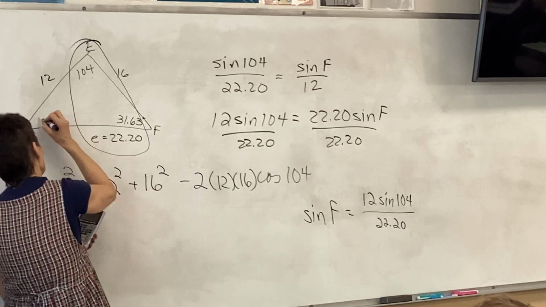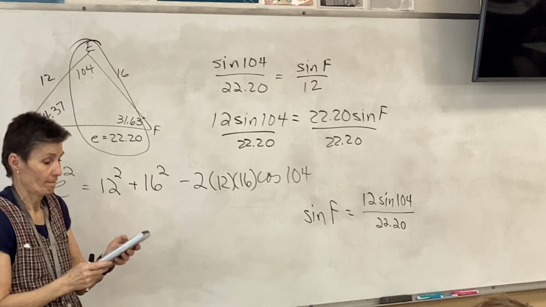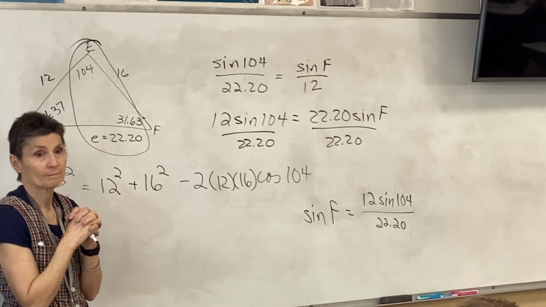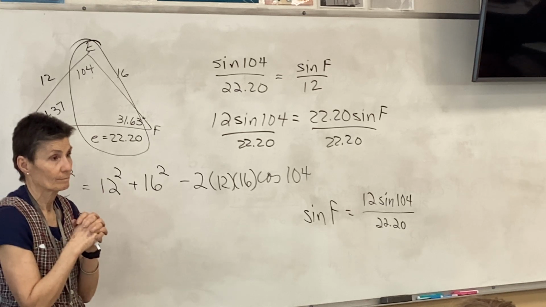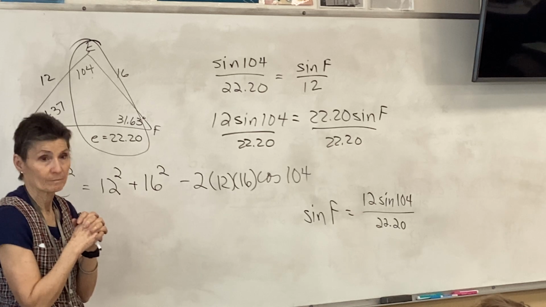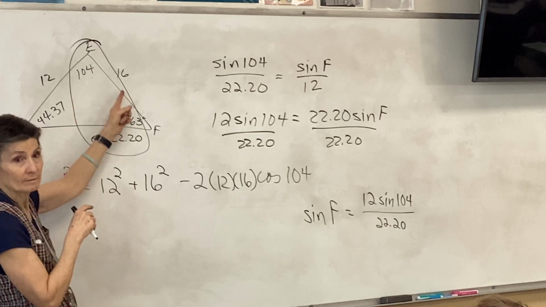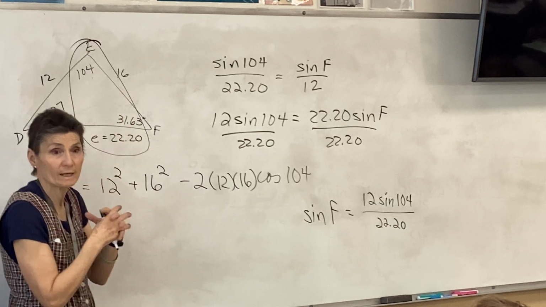I got 44.37. And the triangle is solved. Is that okay? How'd you get 44.37 again? These have to add up to 180. So whatever 104 and 31 is, I subtracted from 180.